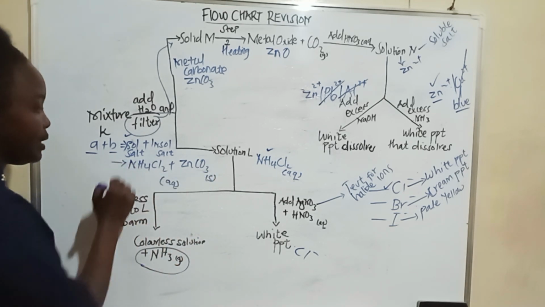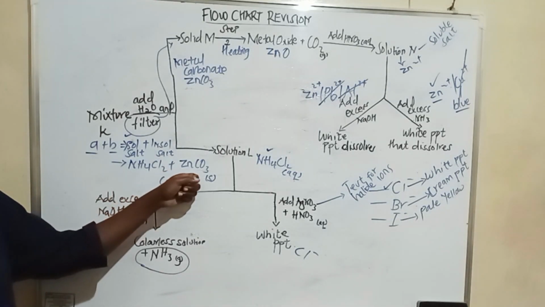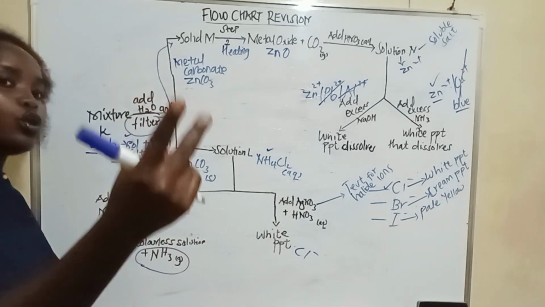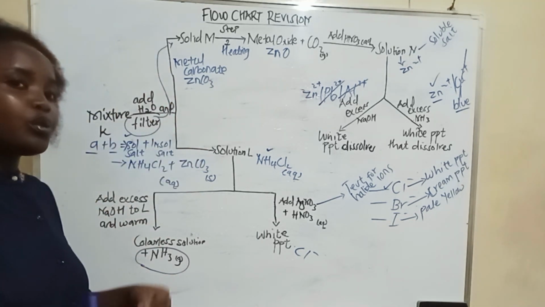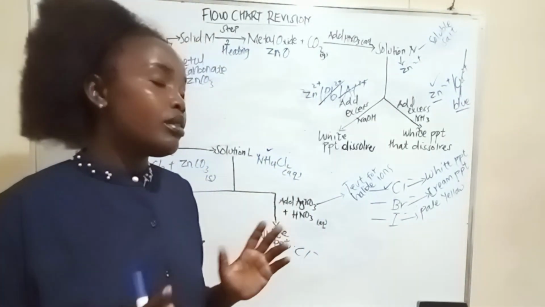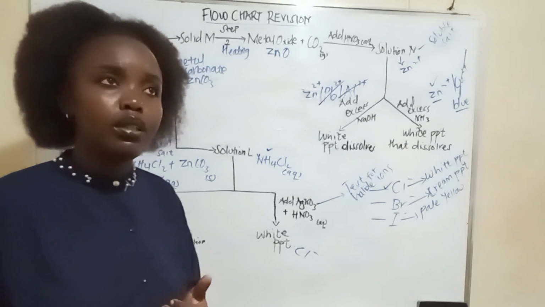What does this mean? When you form an insoluble salt and a soluble salt, it means you are reacting two soluble salts. Whatever is happening here is a precipitation reaction, or double decomposition.